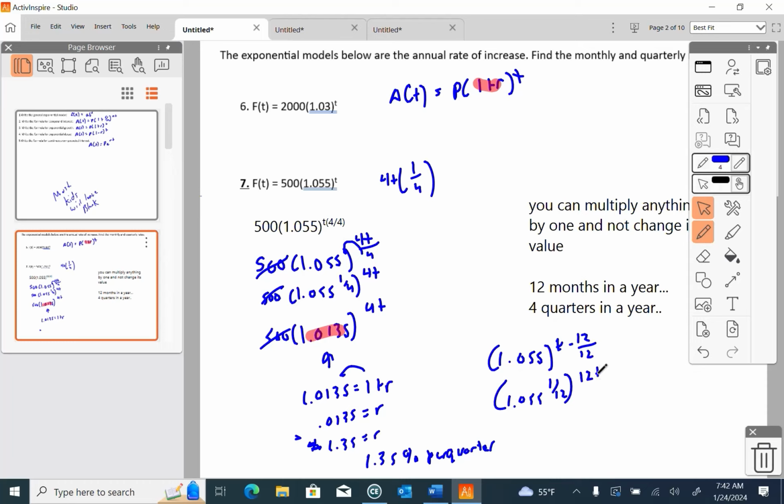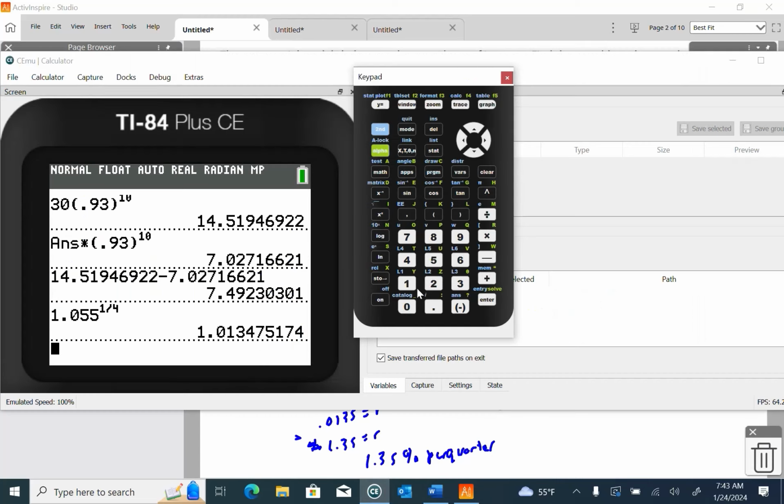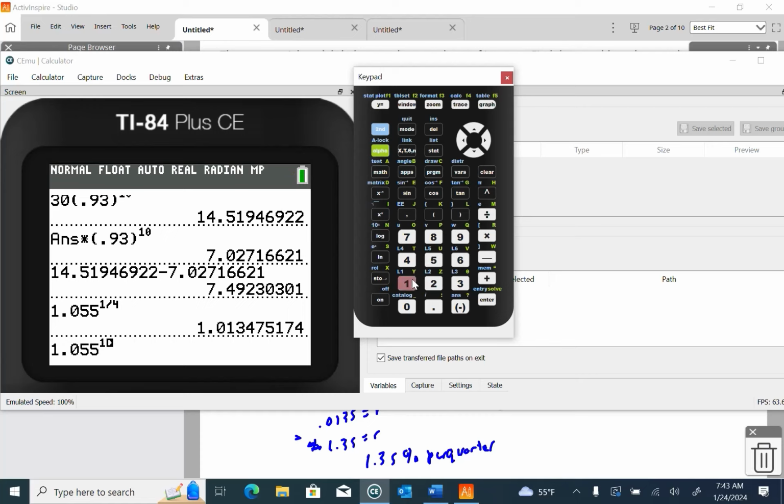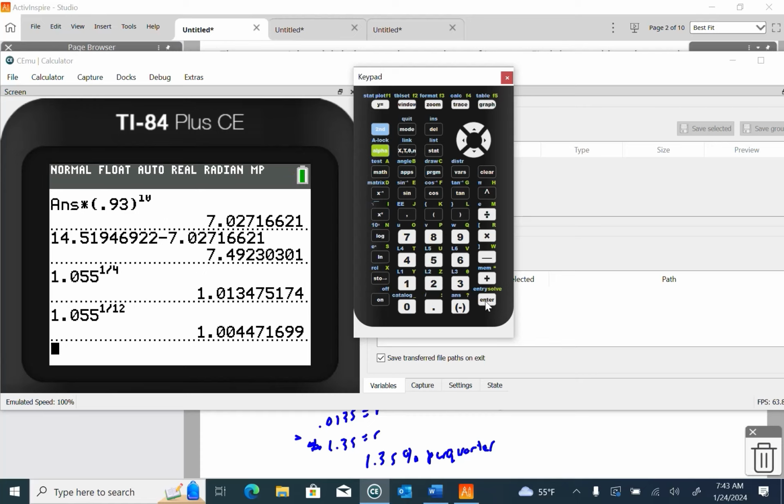T is still in years. I'm going to go to my wonderful little TI-84. Raise that to the 1/12th power, and I get that decimal, 1.0048.